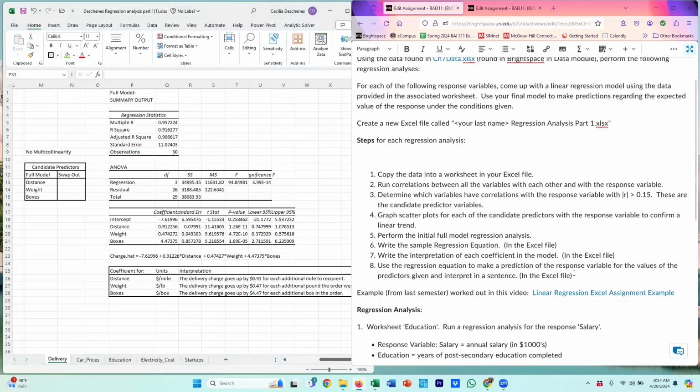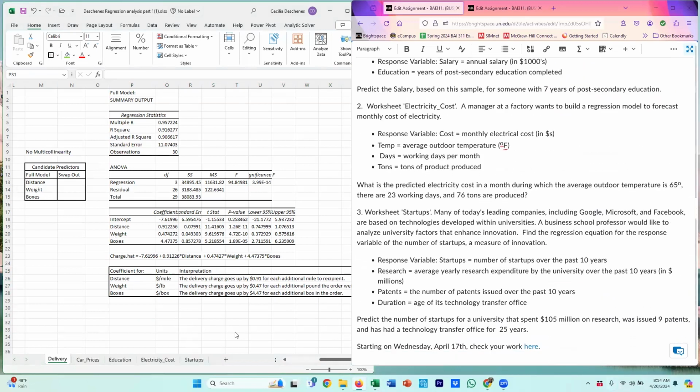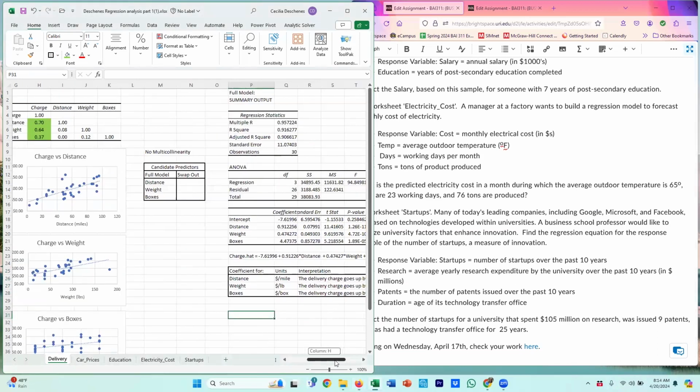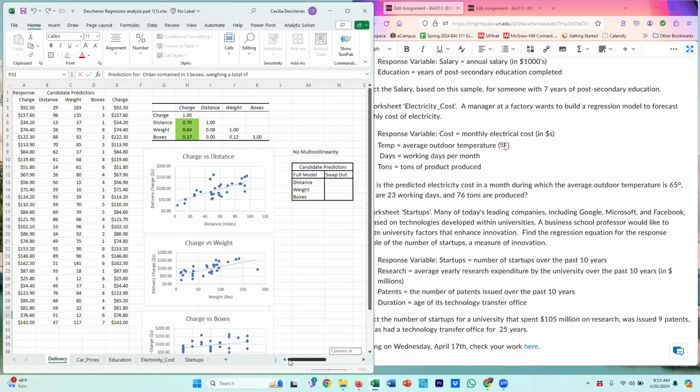Use the regression equation to make a prediction of the response variable of the values of the predictor given and interpret it in a sentence. All right, so this part is the part where I have to make this up now on the fly. So let's just say prediction for an order contained in, I don't know, what do you guys think? 3 boxes, weighing a total of, let me look at what those weights are.